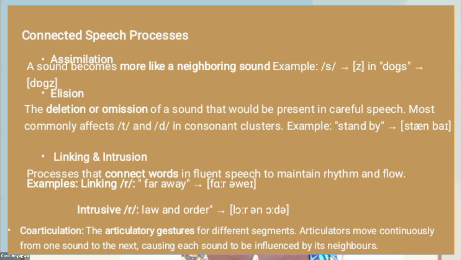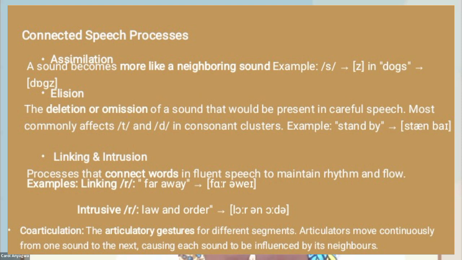The next one we'll talk about is linking and intrusion. These are two different processes. In linking, you have a particular segment which is not produced when a word is produced in isolation. For instance, the example we have here, "far." When I say "far," I don't pronounce the R, at least in non-rhotic accents of English.